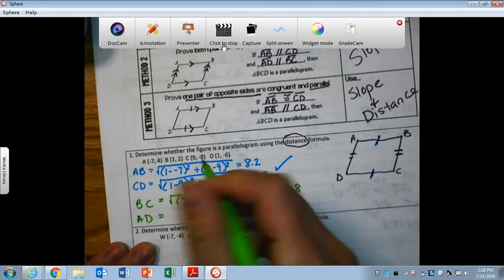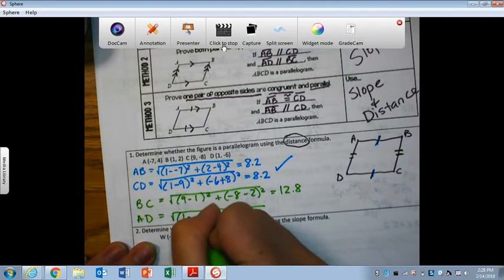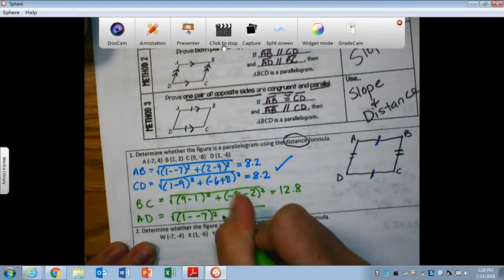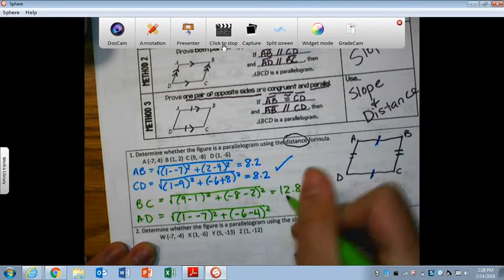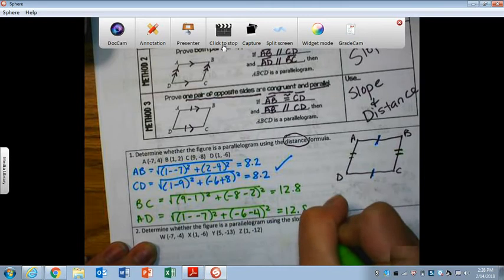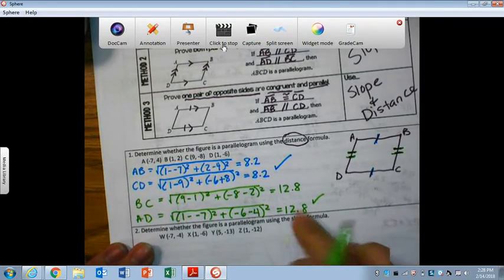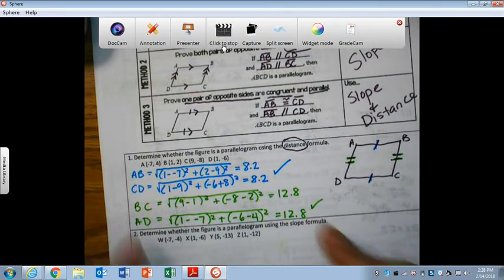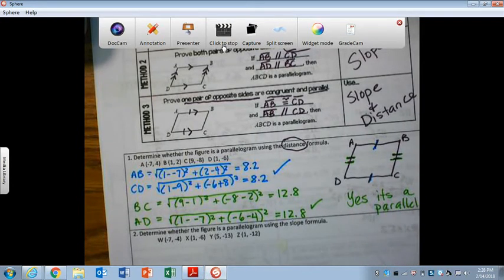AD is 1 minus negative 7 squared plus negative 6 minus 4 squared. That gives you 12.8. So we are congruent. Okay, so yes, it's a parallelogram.